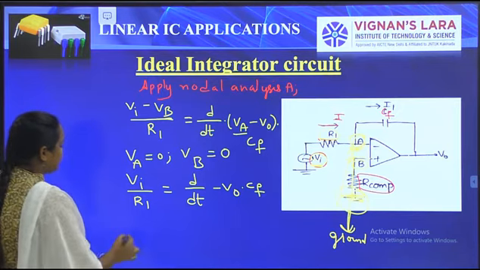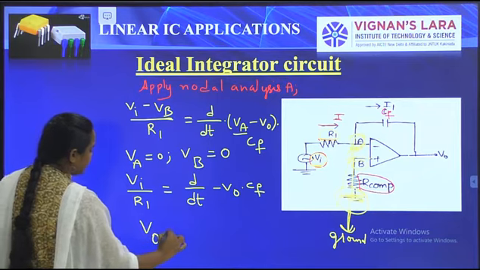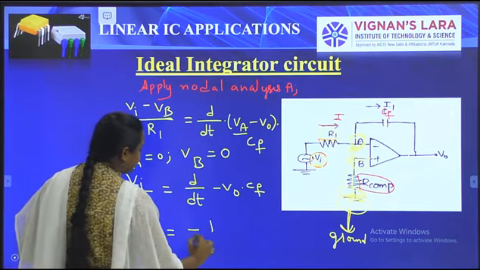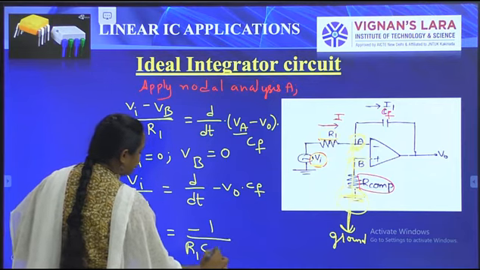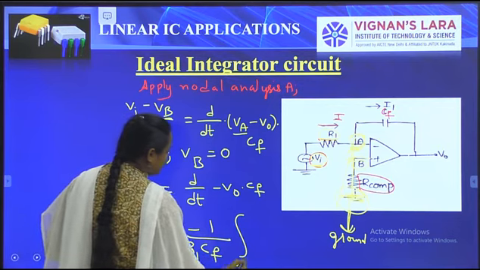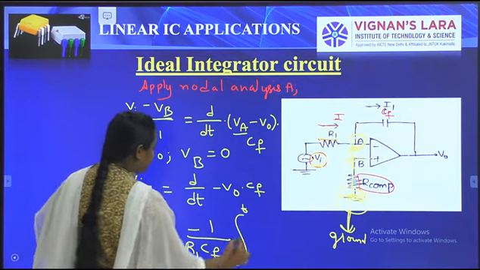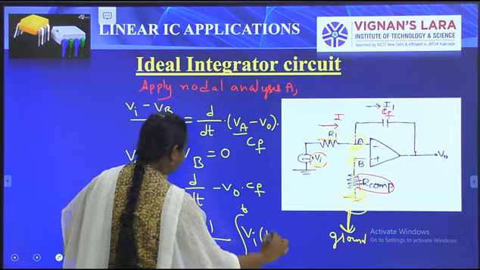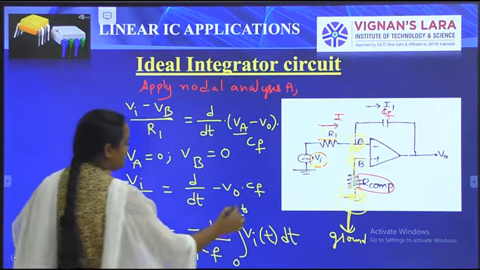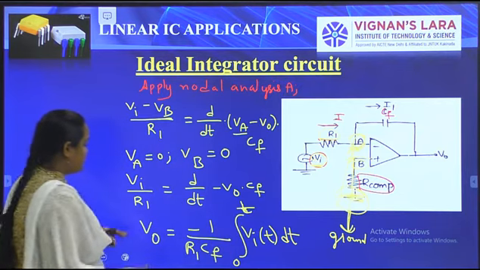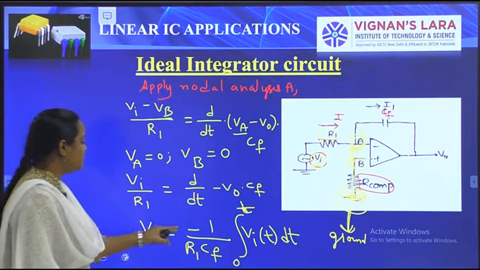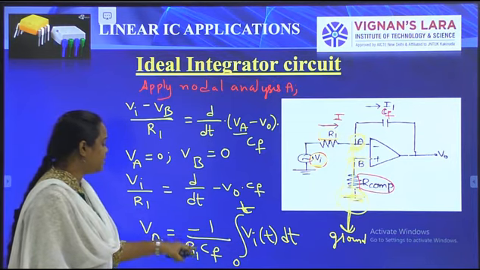So I can get V0 equal to minus 1 by R1 CF times the integral from 0 to t of VI of t dt.